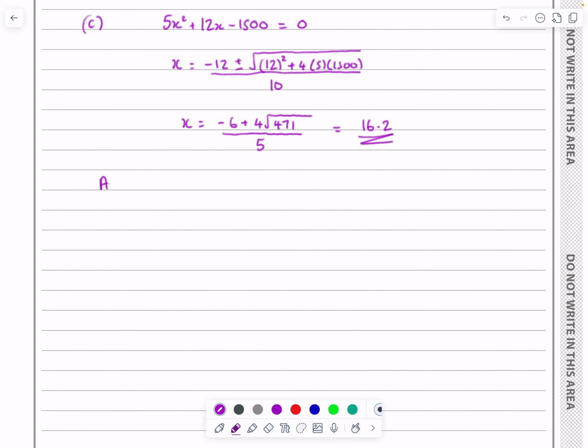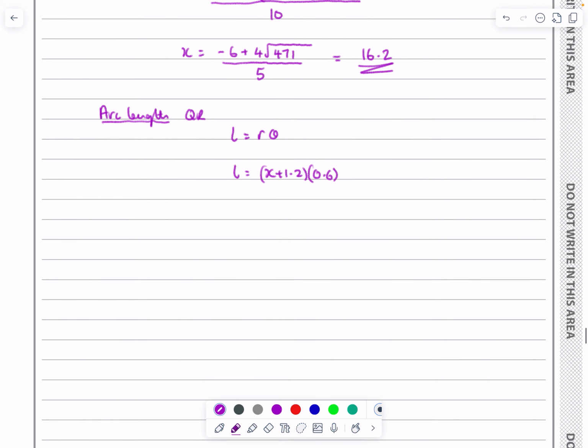Remember what I just said. I want the arc length, that larger arc length QR. Well, that's going to be L equals r theta. So that's going to be L equals x plus 1.2 times 0.6. And obviously now we've got 16.2 plus 1.2, all times by 0.6, which I'm going to call 10.44.